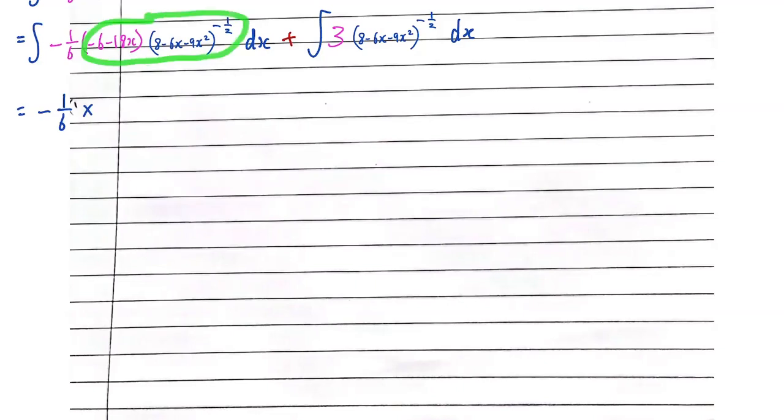What do you get? So 8 minus 6x minus 9x squared, bracket, to the power of half. Power of -1/2 plus 1, which is a half. Then over half.